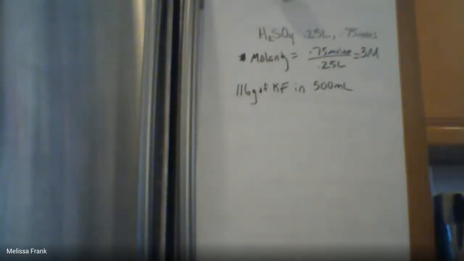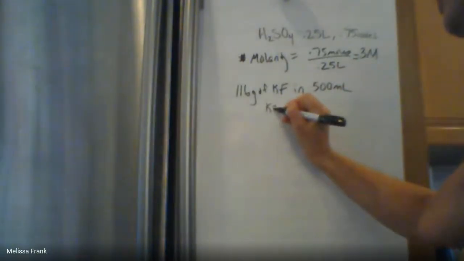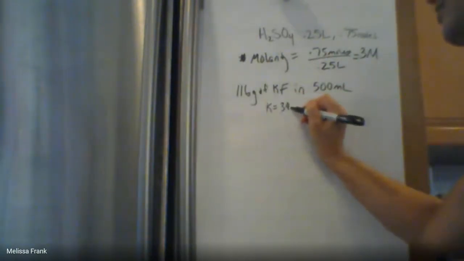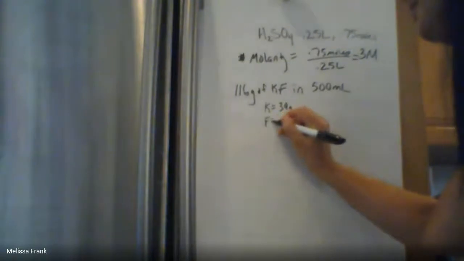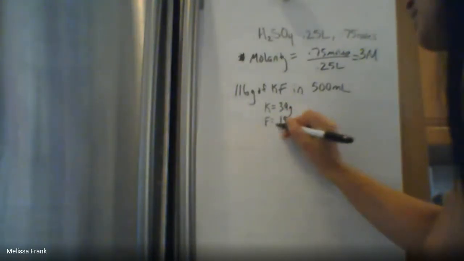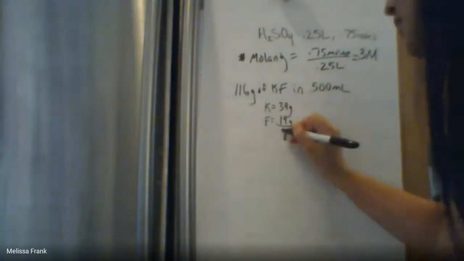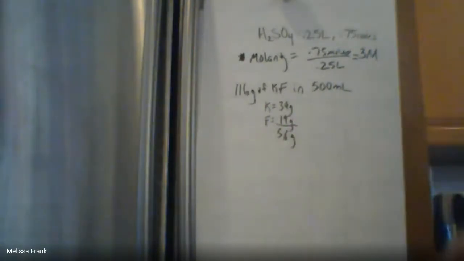So we look up potassium in our reference table, and potassium has a mass of 39 grams. And fluorine has a mass of 19 grams. So if we add that up, we have 58 grams. Okay?